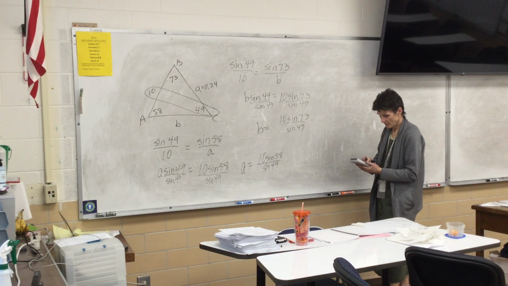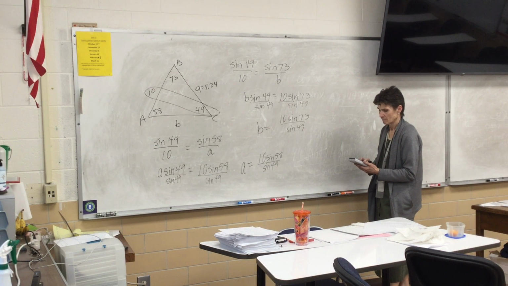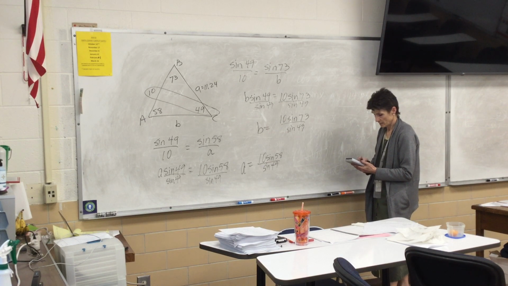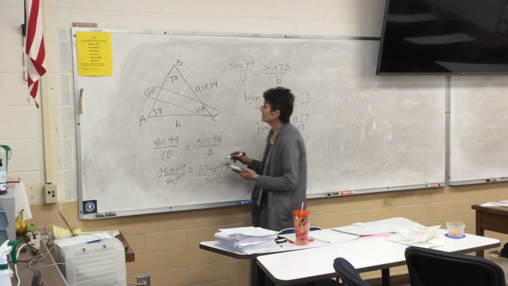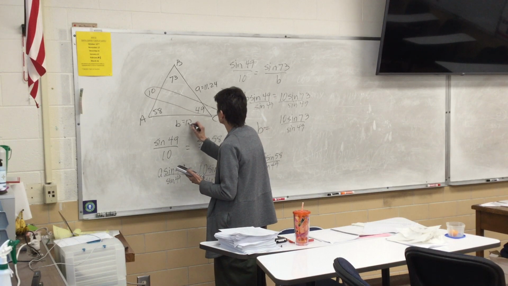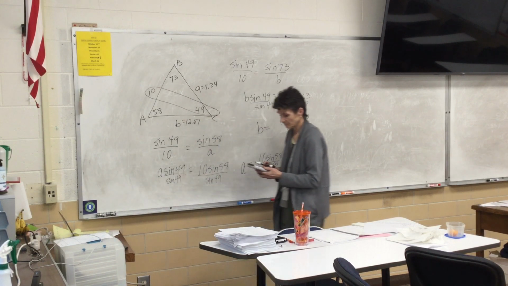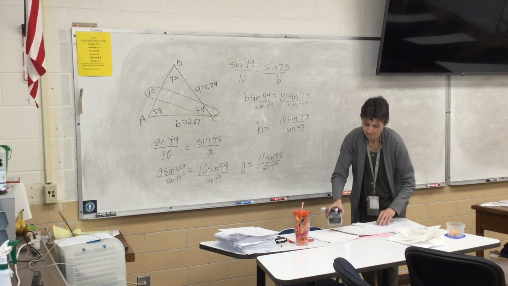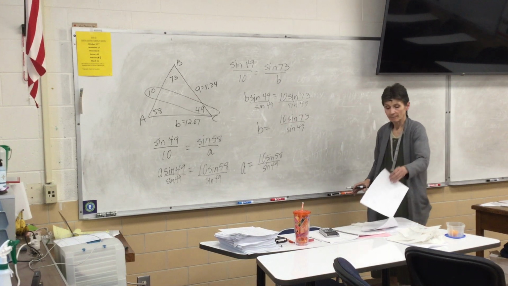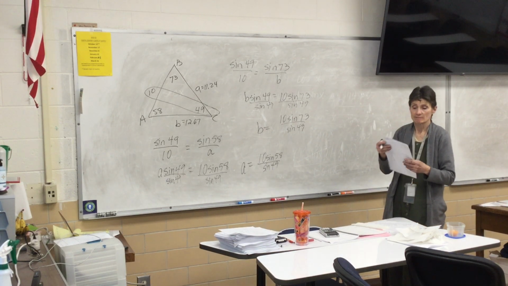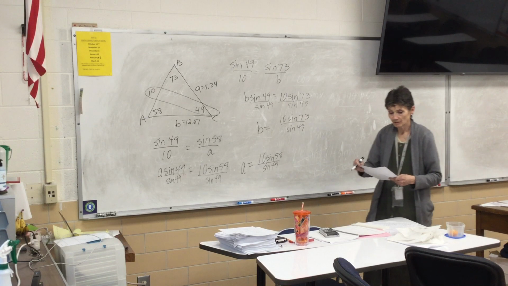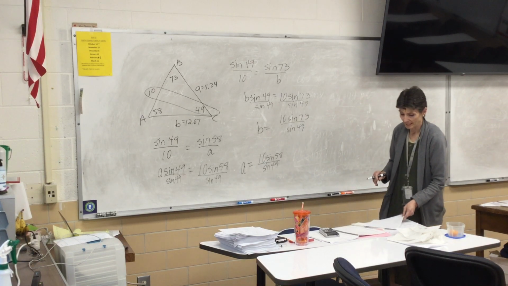Sine 73 divided by sine 49. I got 12.67. Done. We filled in all the blanks. You're done when you filled in all of the blanks.